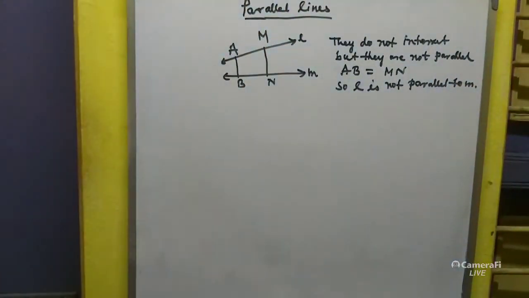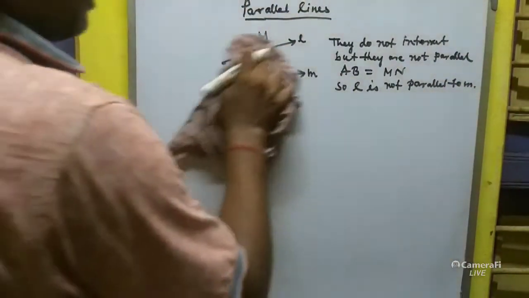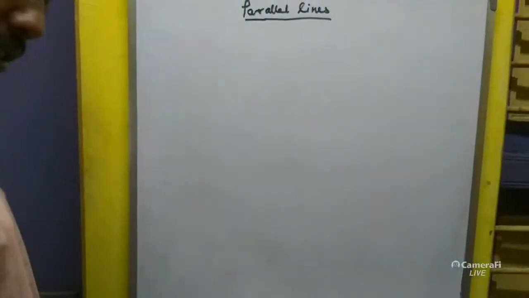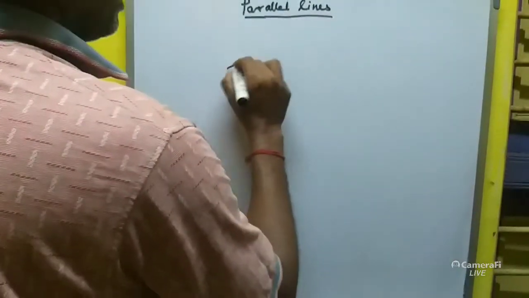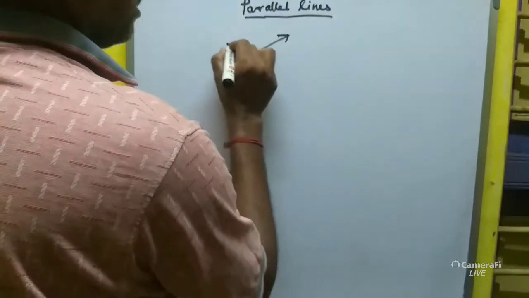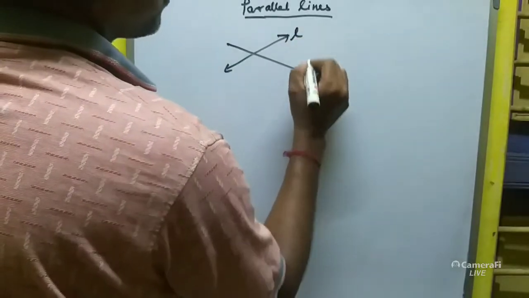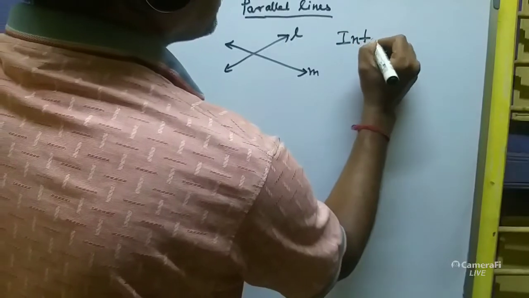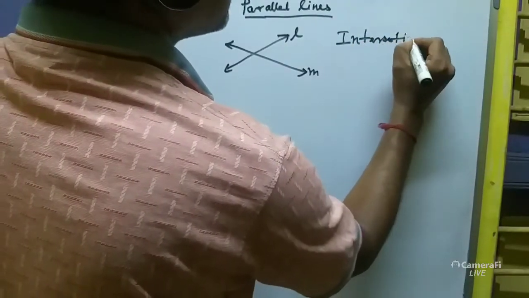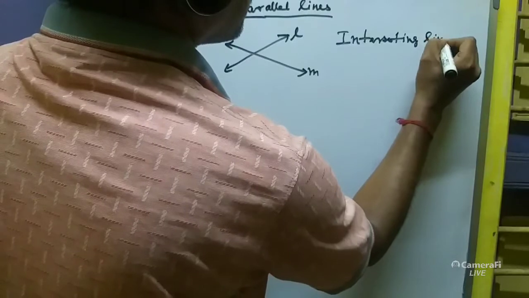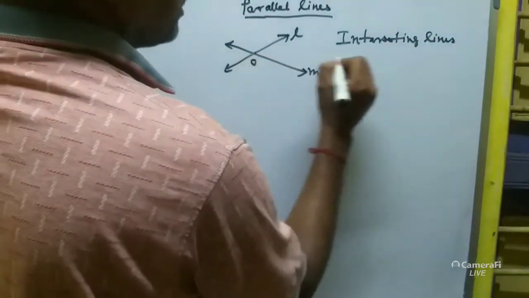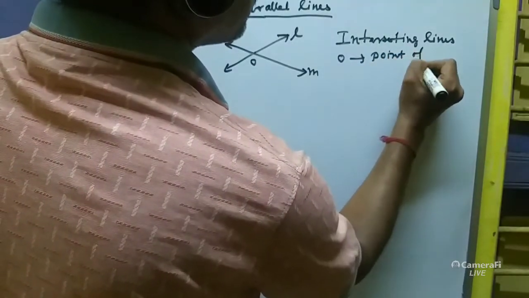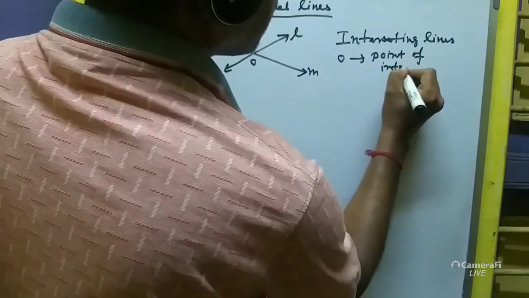So this is a very important concept. Whenever lines intersect, they are not parallel, but here also they do not intersect. If they intersect, suppose this one and this one, they are called intersecting lines, and they intersect at a point of intersection.